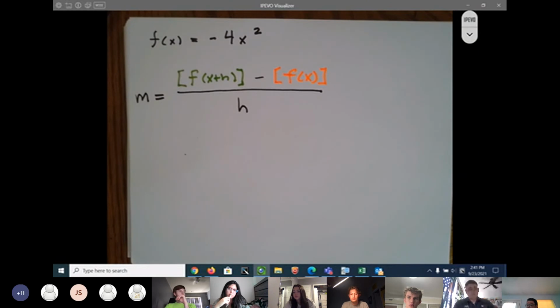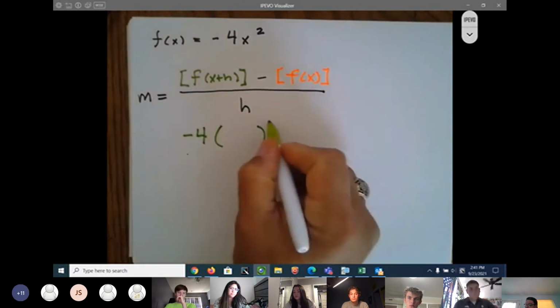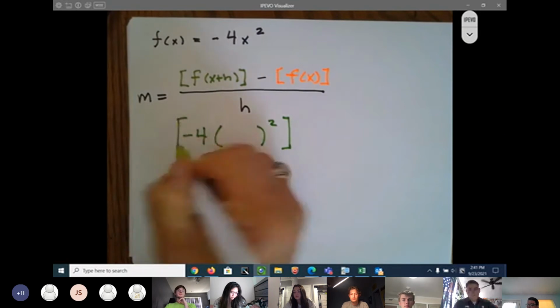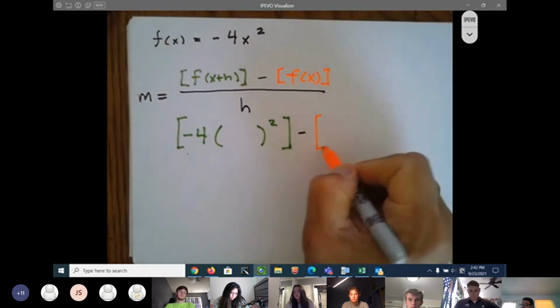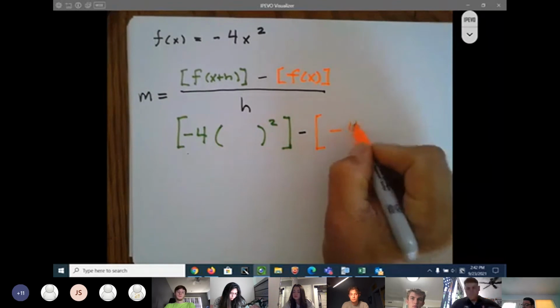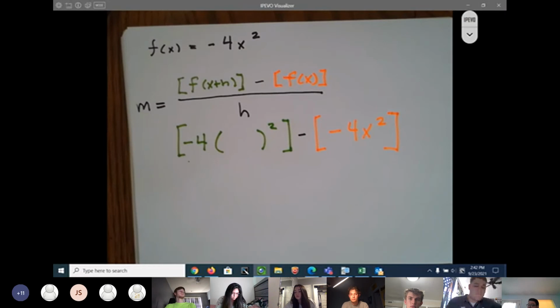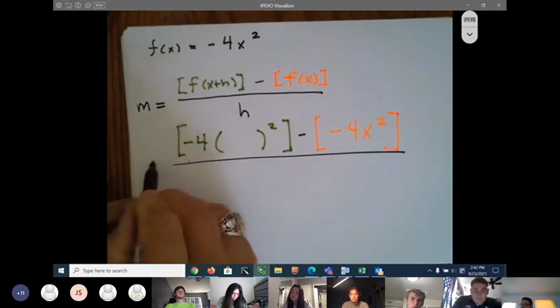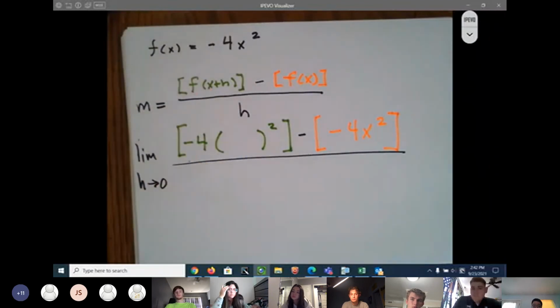I'm going to rewrite our function with a big set of parentheses, and then minus negative 4x squared, all over h. You can go ahead and put limit as h approaches 0. And that x plus h is going to go in the middle right here.